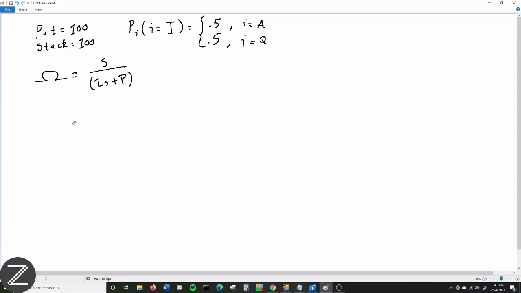So in this game, if India bets all in, omega would be 100 over 200 plus 100, which is 1/3. Which you should recognize, a pot size bet lays pot odds of 1/3.